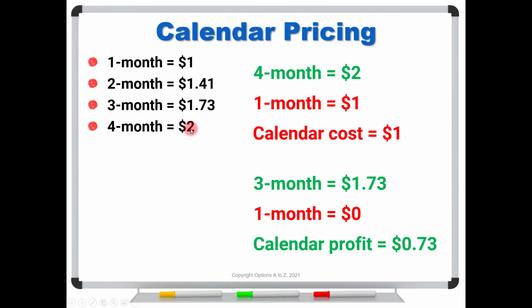So notice that the option that you bought fell from 2 to $1.73. It lost 27 cents. But the option that you sold for $1 lost all of its value, right? You sold it for $1, it expires worth 0. So if you lose 27 cents, but you collect $1, there's 73 cents. And that's where that profit is coming from.